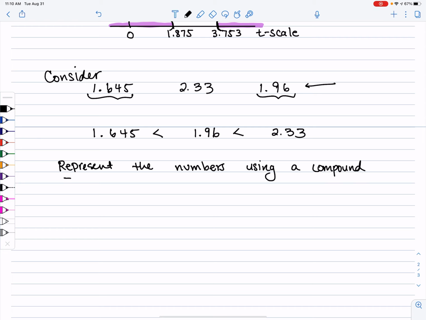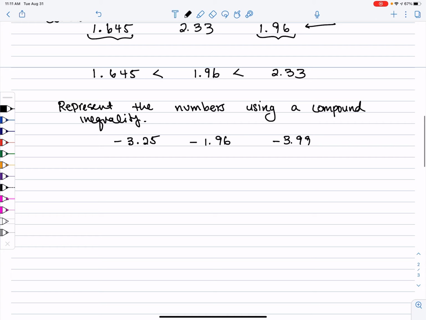I apologize for that background noise if you can hear it. So, compound inequality. I'm going to give you negative 3.25, negative 1.96, and negative 3.99. So here we're talking about negative numbers.